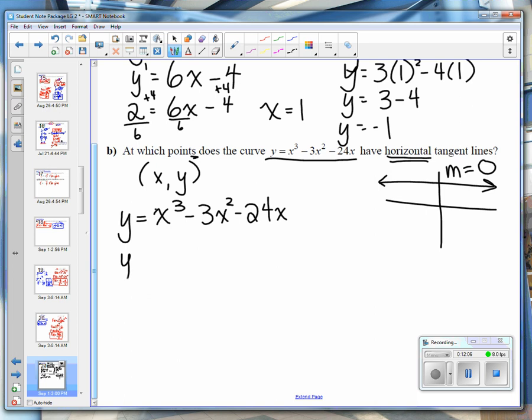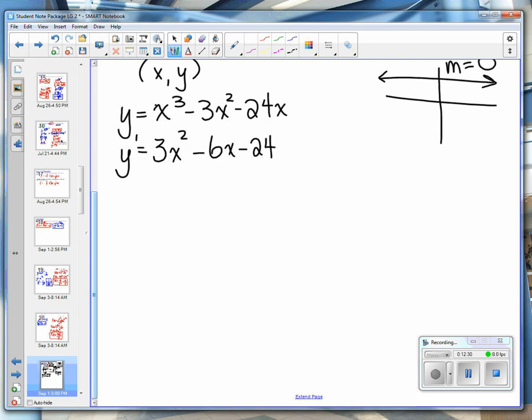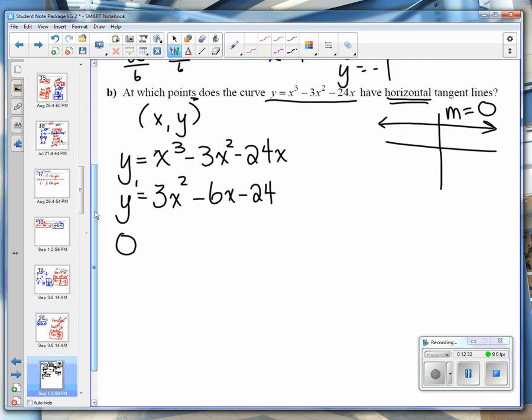Remember, we need to find that derivative because we're talking about slope here. Bring the 3 down, minus 1 from that exponent. Bring the 2 down, minus 1 from the exponent, and the x just cancels out because it's just going to be to the power of 1. So this is my derivative here. And the cool thing is, we know our derivative is equal to 0 because our slope is 0. So that's 3x squared minus 6x minus 24.